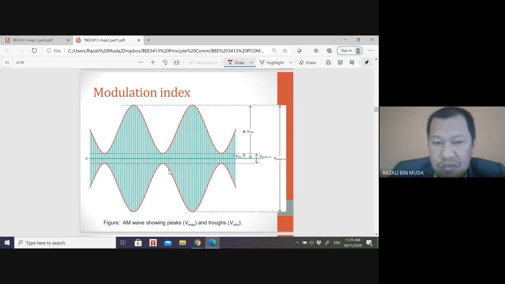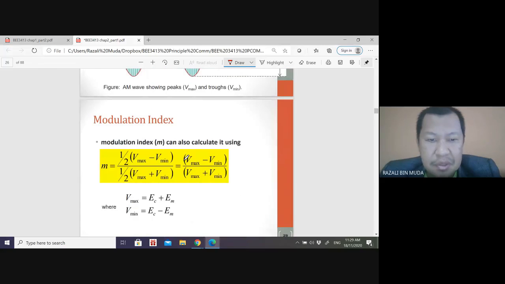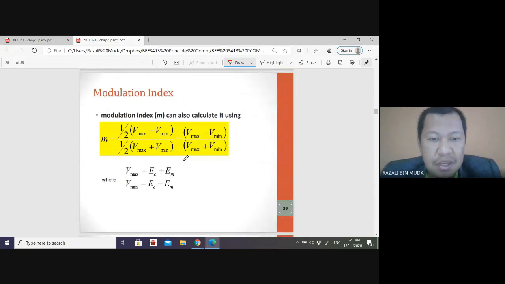This figure shows the peak Vmax and the peak Vmin, same as the previous picture. So from that you can derive the modulation index.